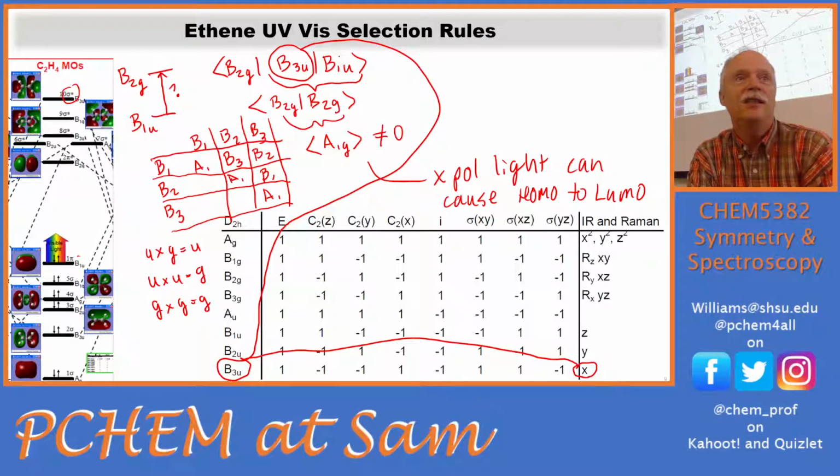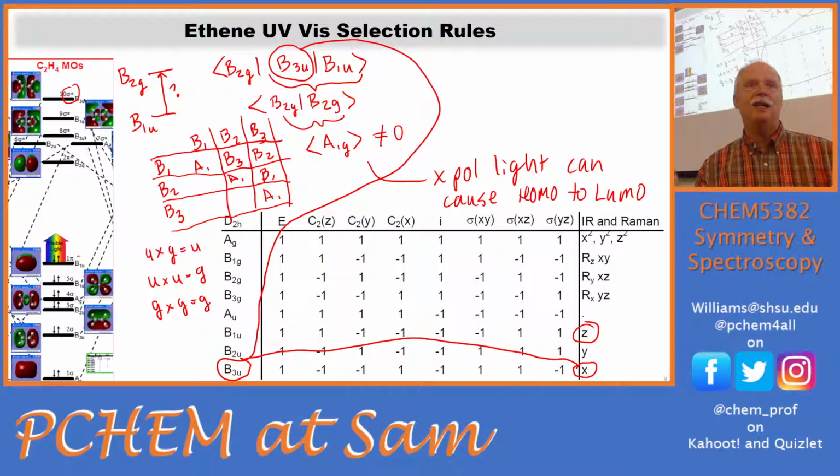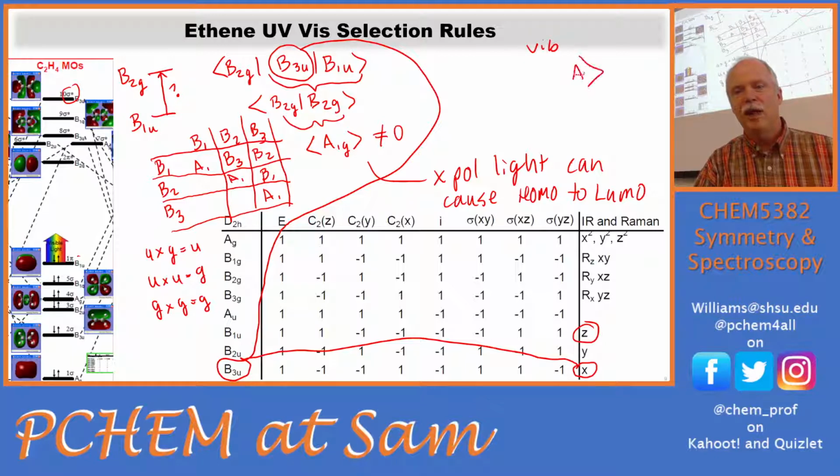But now, if I just say this vibration in the character table, for this particular molecule, you've got vibration, which happens to be the symmetry of Z. If it's vibrational motion, you know Z polarized light would interact with it, because one of those is top row. So for vibration, it's A1G, and if it's a Z vibration wave function, then it's also Z light, because this is A1G.